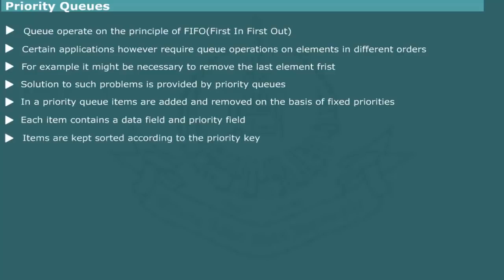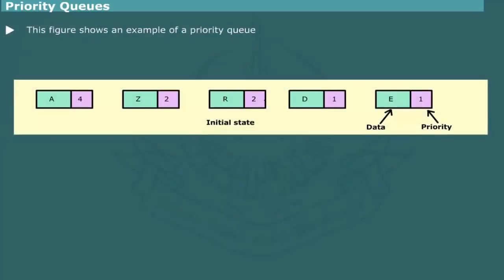The items within the queue structure are kept sorted according to the priority key. This figure shows an example of a priority queue. In the example, the queue consists of letters E, D, R, Z, and A with the priorities 1, 1, 2, 2, and 4 respectively.